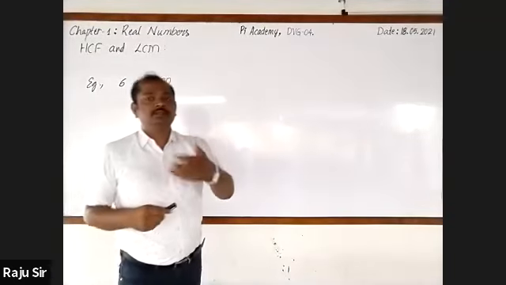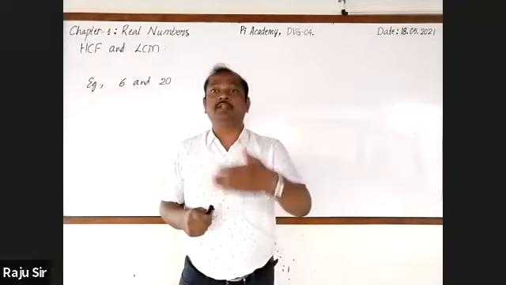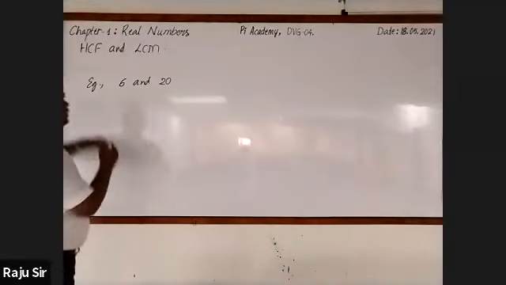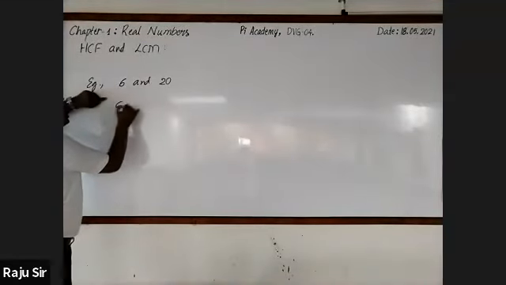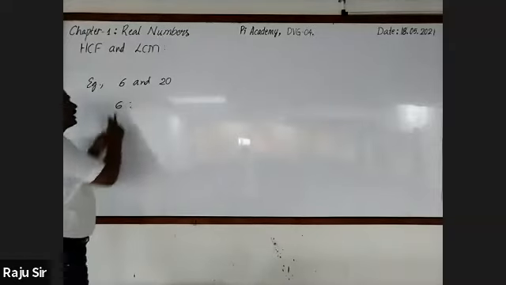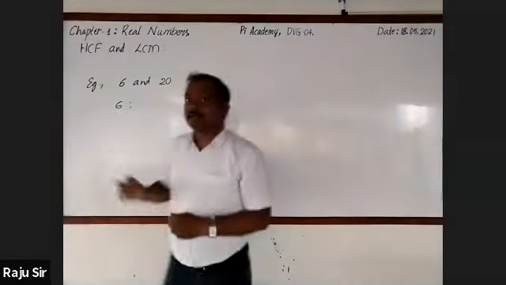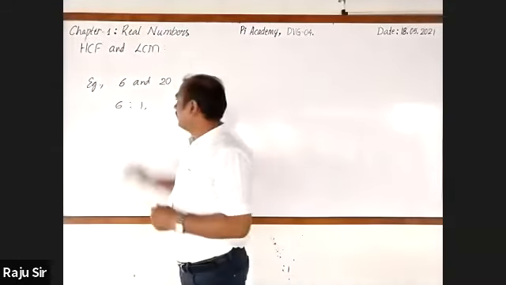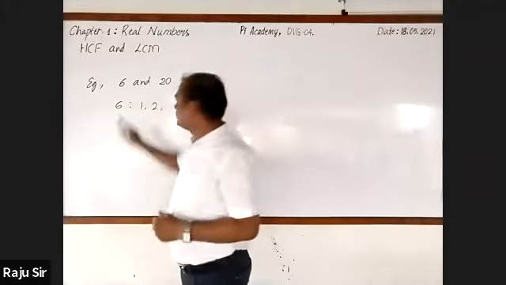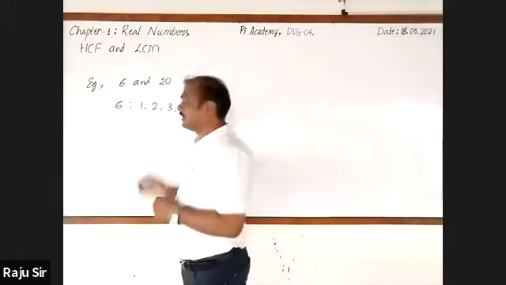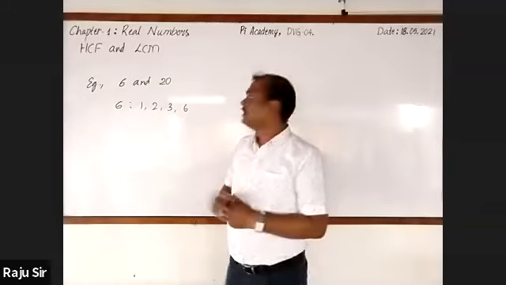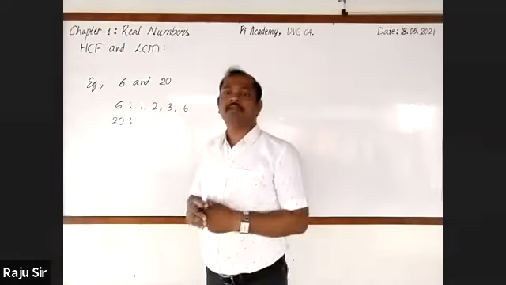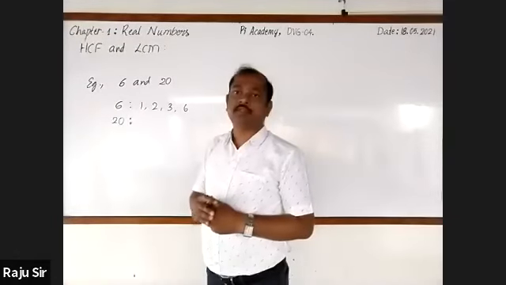But let me make you recall the method that you used to follow in your previous classes to find HCF and LCM. Observe. To find the HCF, you used to write the factors of both the numbers. The factors of 6 are 1, 2, 3, and 6. Similarly, 20 can be divided completely by some numbers, called the factors of 20.